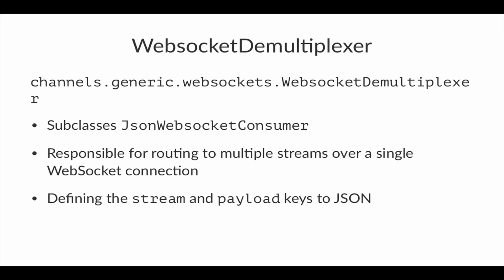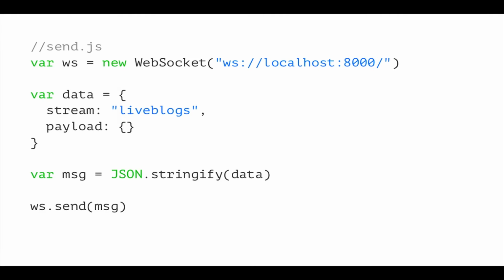We're going to look at this example again now that we're using the demultiplexer. Not much has changed. We have a data object here, and we've added our two keys, our stream key and our payload key. Again, we're encoding the message as JSON, and we're sending it over the wire.